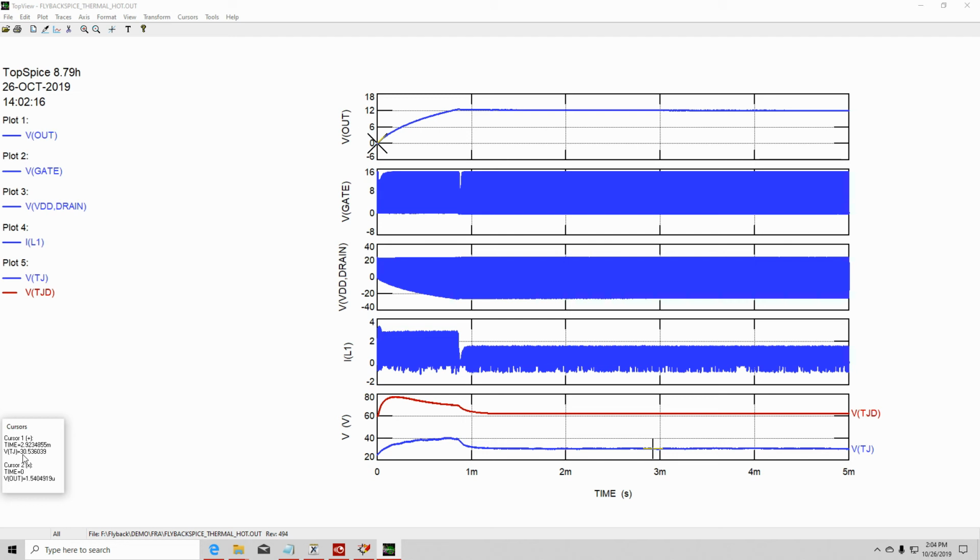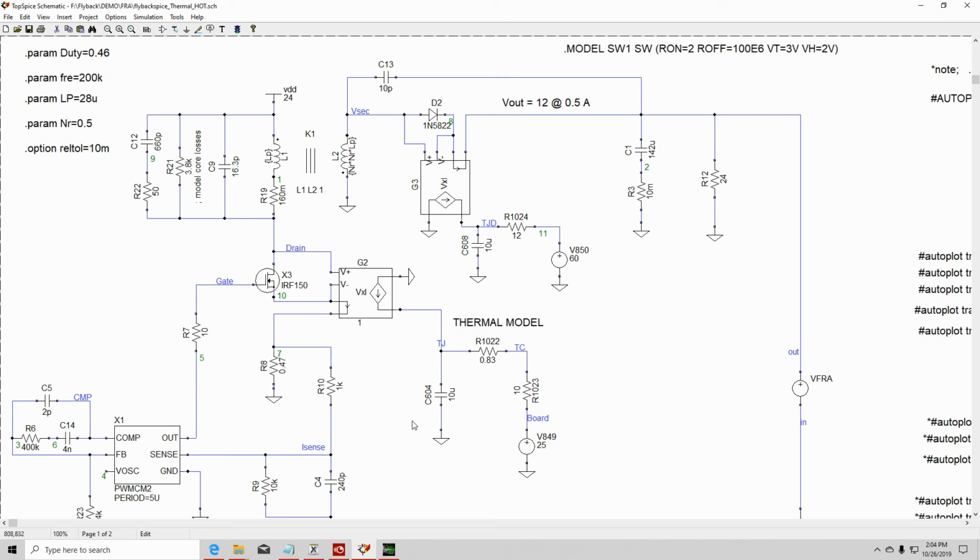So I only went about 5 degrees above that. Okay, so I have that there.